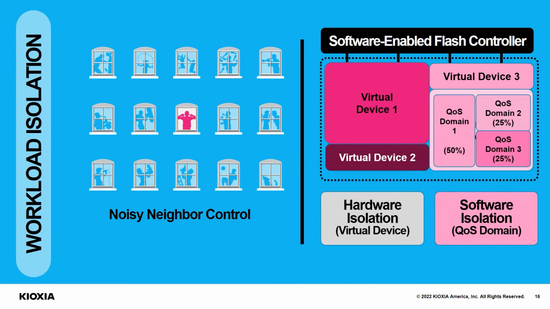With the combination of hardware and software isolation and placement control, these are critical for preserving cloud scale application performance and meeting your SLAs. And software-enabled flash is really the only software-defined flash way to make this happen today.